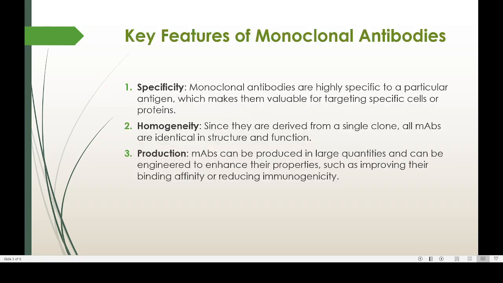Coming to the main features of monoclonal antibody, there are three important properties. The first one is that they are highly specific to a particular antigen, which makes them valuable for targeting specific cells or proteins.